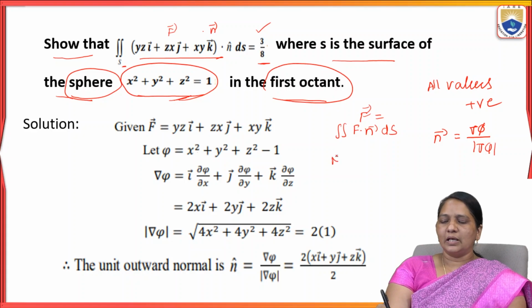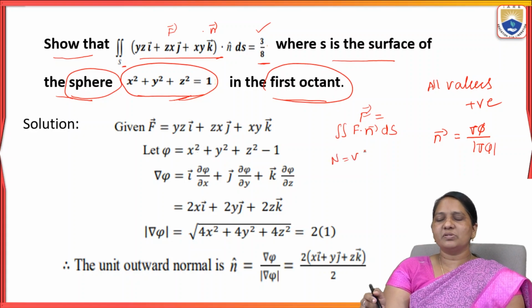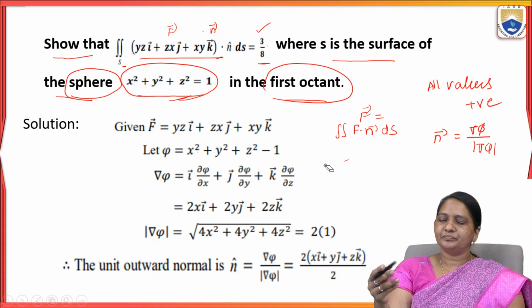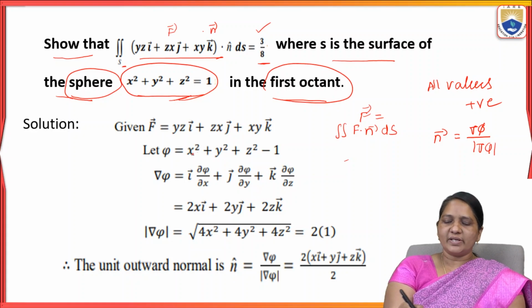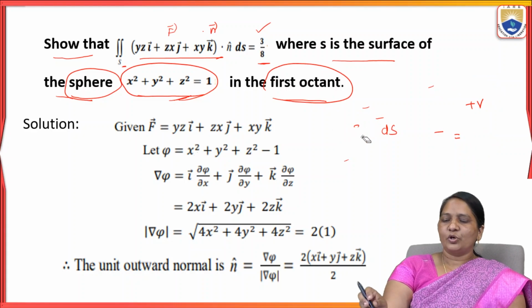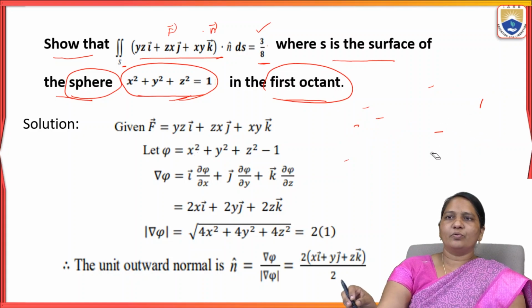So here n equal to del phi by modulus of del phi. First we evaluate del phi. What is del phi? The del phi formula is i dou phi by dou x plus j dou phi by dou y plus k dou phi by dou z. What is phi here? x square plus y square plus z square minus 1. So we calculate dou phi by dou x, dou phi by dou y, and dou phi by dou z.